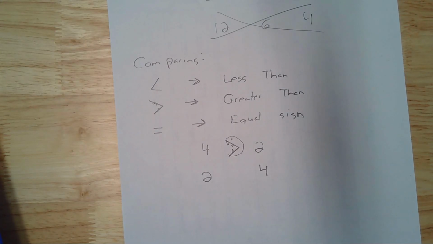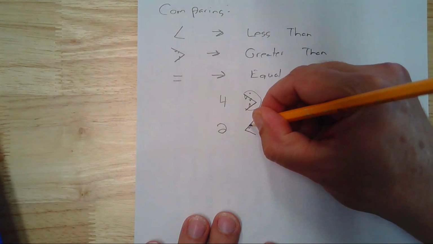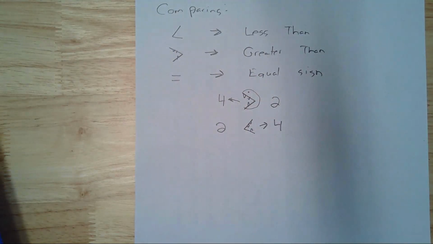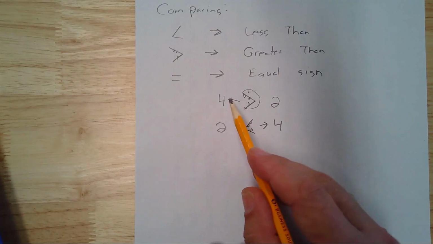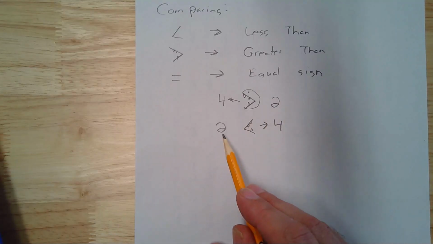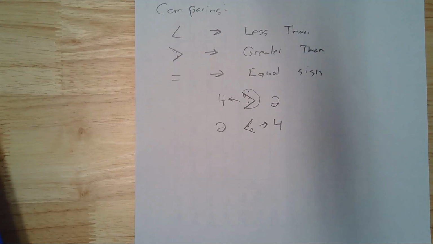Yeah. So in this case, I'd be using the less than symbol. Notice how both times the mouth is eating the 4, right? Because the 4 is bigger both times. But how I say both of these is a little different. 4 is greater than 2. 2 is less than 4. So it's just left to right, just like reading that book there.